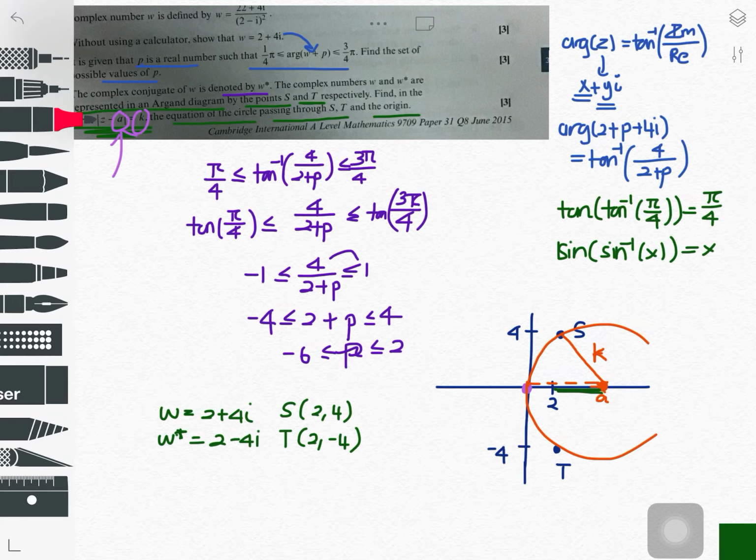Then what is this length? If all of them are equal to K, now I only want the green part. Can I label that as K minus 2? I know that this is definitely 2 because the coordinate here is 2 and then a 4 like that.